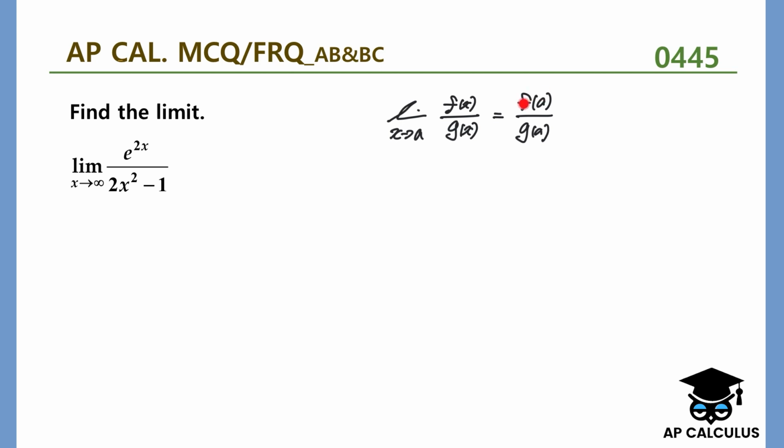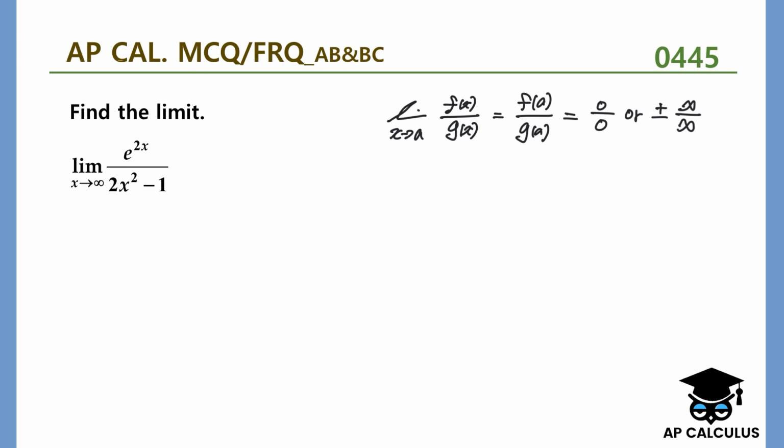If this expression is equal to 0 over 0 or plus or minus infinity over infinity, then this form is called the indeterminate form. In such cases, we can use L'Hopital's rule.